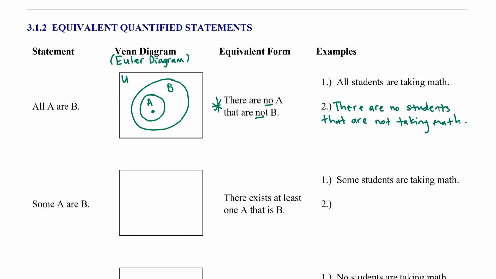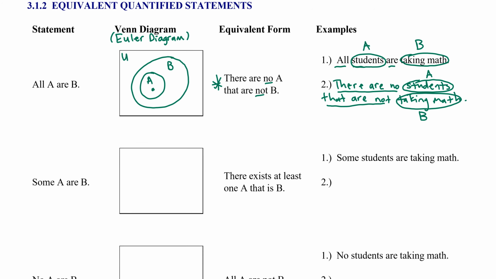Even though these two statements are worded differently, they're expressing logically the same thing. Look at the pattern. All students, we could say that's the group A, are taking math. That's the group B. And the pattern here: there are no students, there are no A that are not B. Those two are stating exactly the same thing.